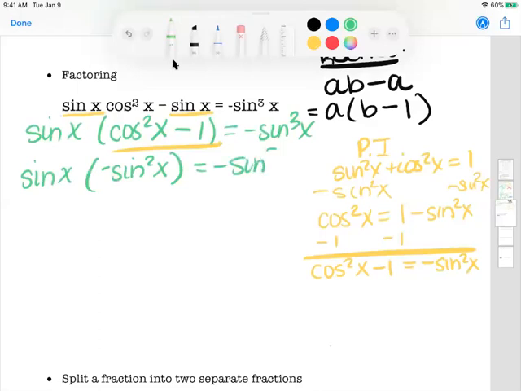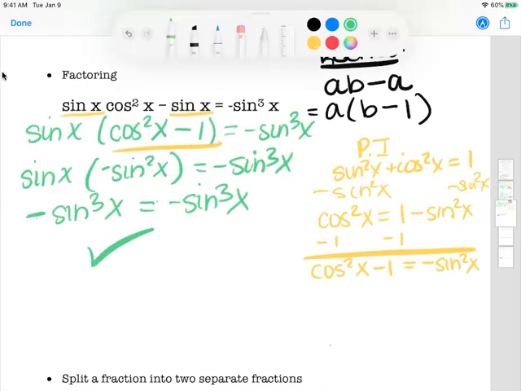This equals negative sine cubed x. All right, now I'm going to just multiply. So sine x times negative sine squared x is negative sine cubed x, equals negative sine cubed x. Done. Easy peasy. Lemon squeezy.